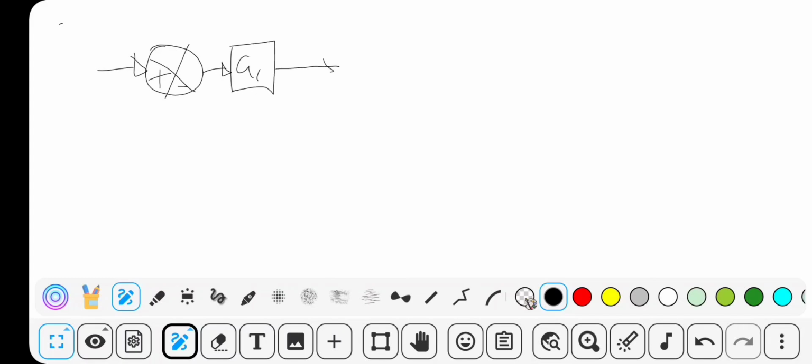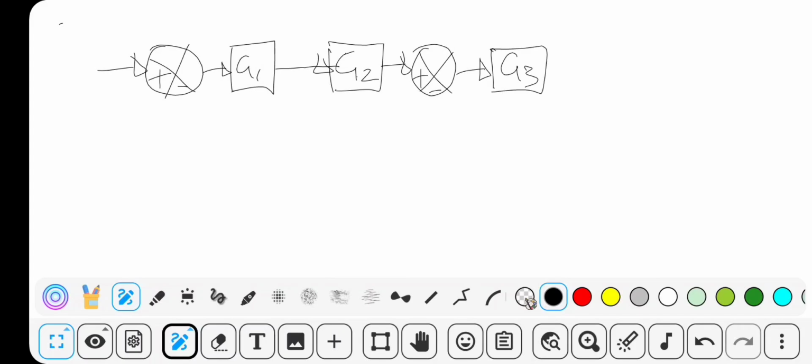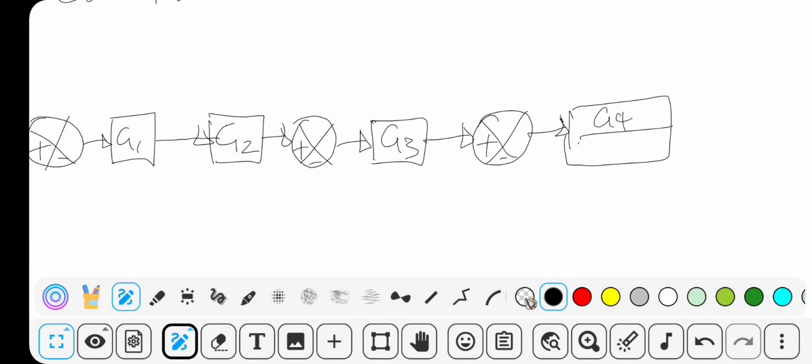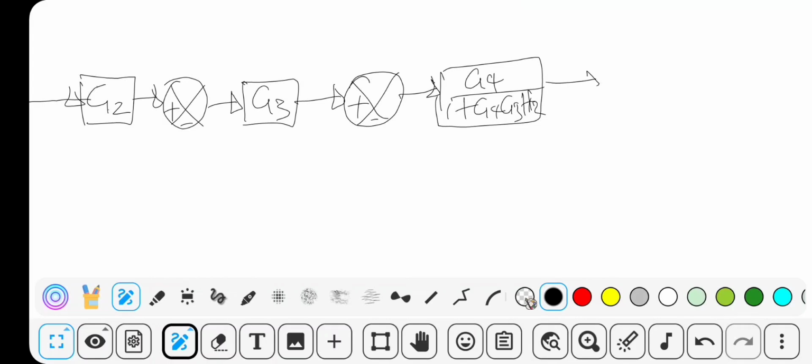G1, G2 and your summing point, G3, plus minus, G4, 1 plus G4 G3, H2 and your output.